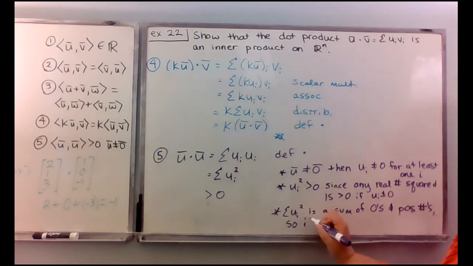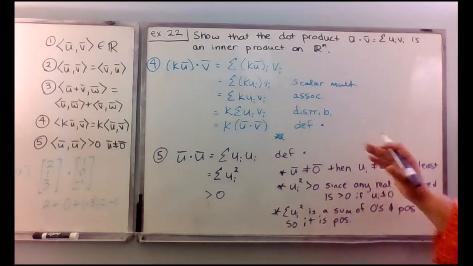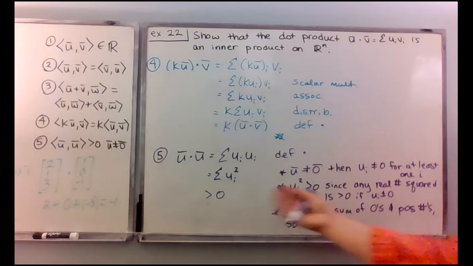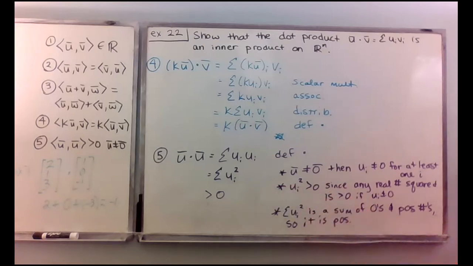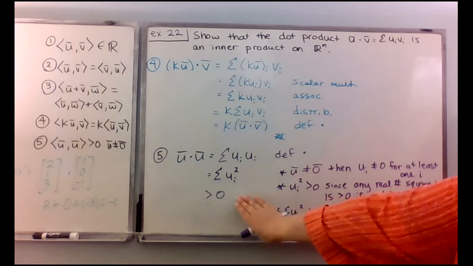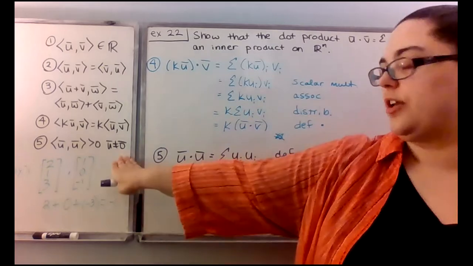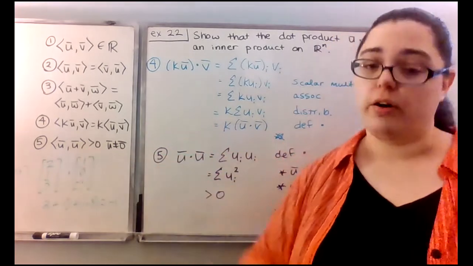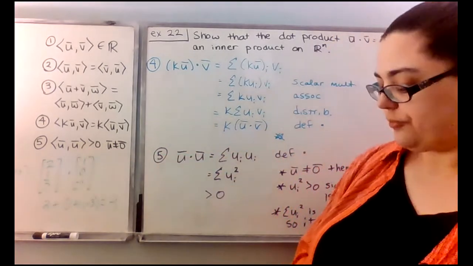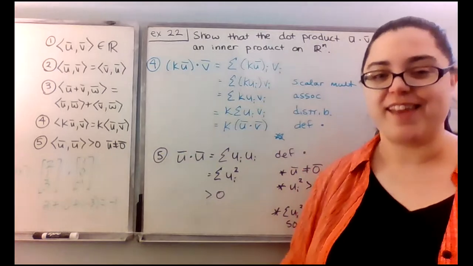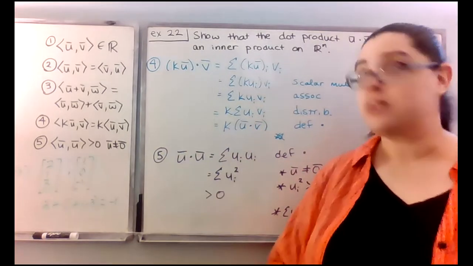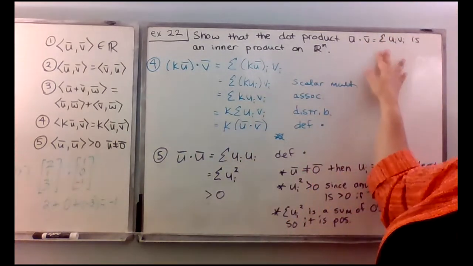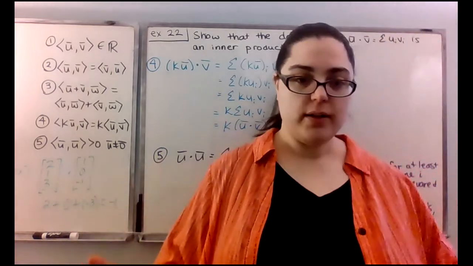So it is positive. Right? There's at least one positive value in there, so it's got to be bigger than 0. And I'm not going to be subtracting anything, so I won't be going lower than 0. So here we have that this is satisfying this condition, that we have to be greater than 0 if we are not 0. All right, so that's our proof that the dot product, the one that we know and love from R^n, is indeed an inner product.